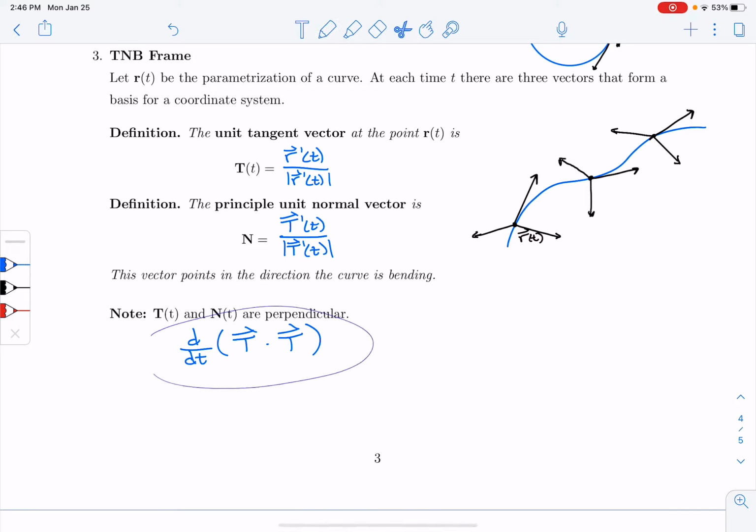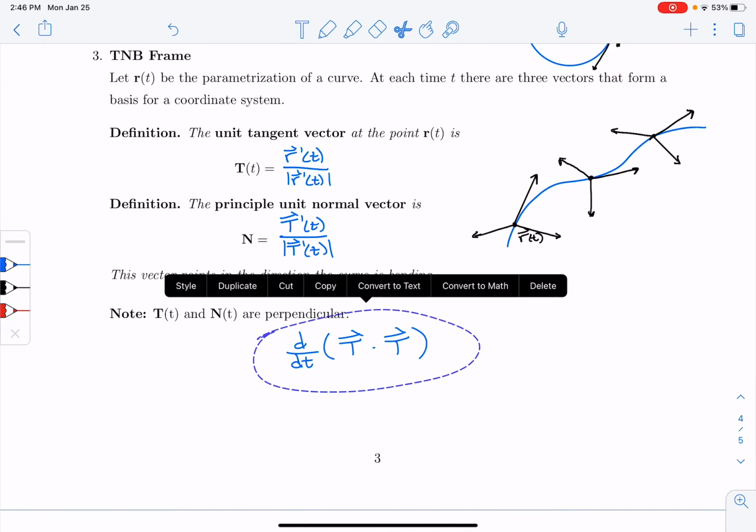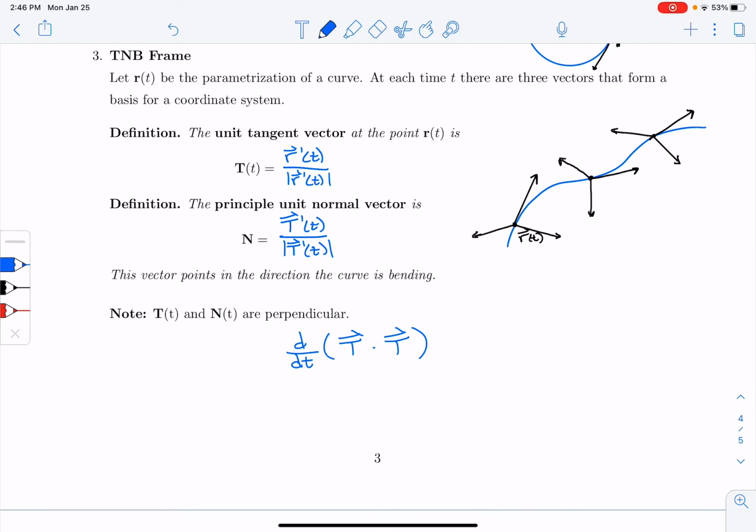And the derivative of the length of T squared is in fact 0.